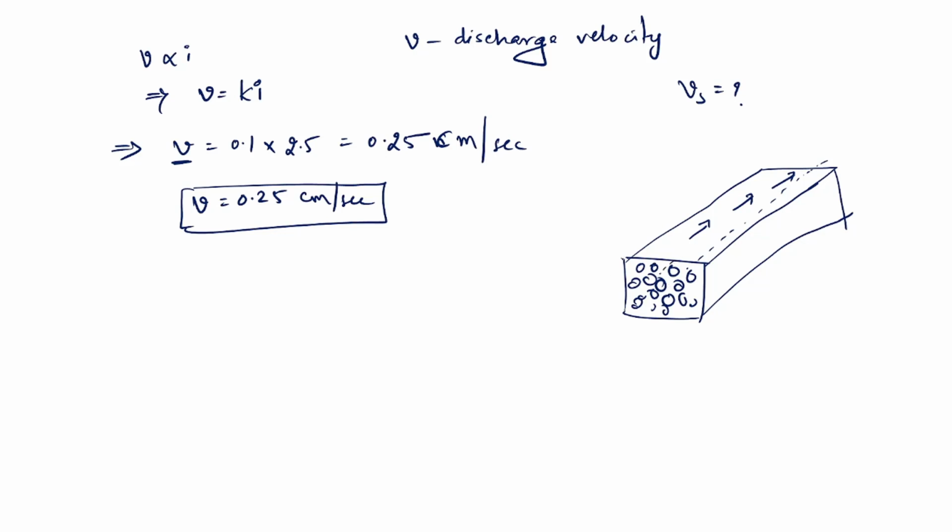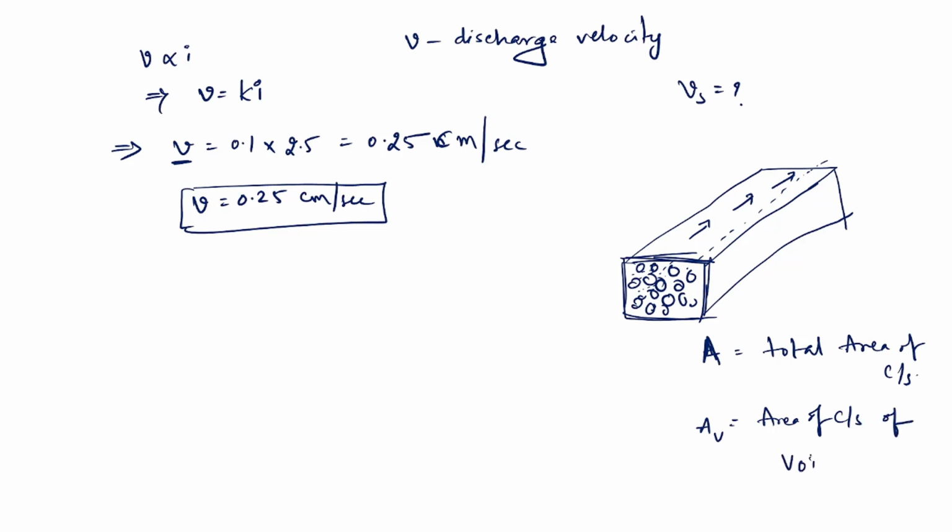See here, if you take the full area of cross section, A, this is total area of cross section. Whereas as the water is flowing only through the voids, if you take Av, it's area of cross section of voids, only voids area.